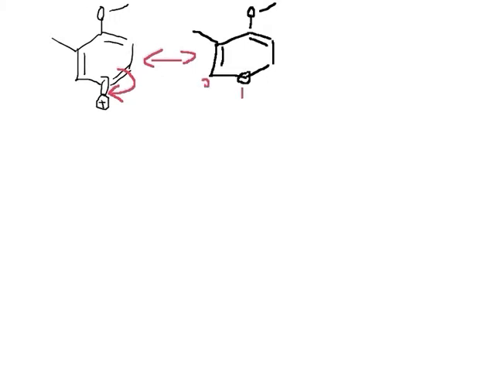If I number 1, 2, 3, 4, 5, 6, where should there be a plus charge? Carbon 6 should have a plus charge. Good. If I want to stabilize that, which pi bond could I move? Between 4 and 5. So move those electrons there.